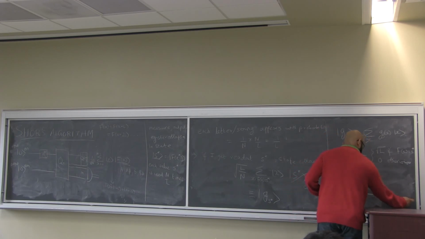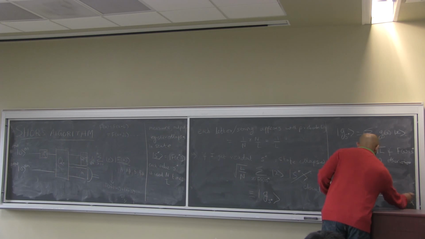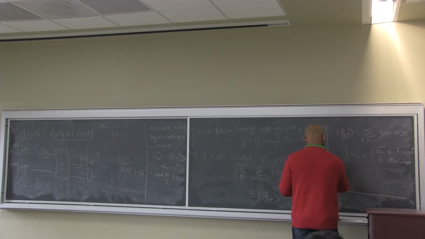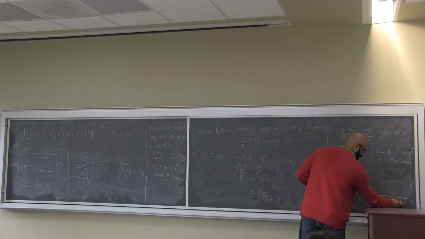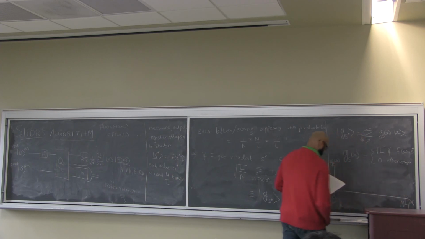So our function here, if I were to sketch it on the line x, this is g_s star of x, starting with 0, ending at n minus 1.